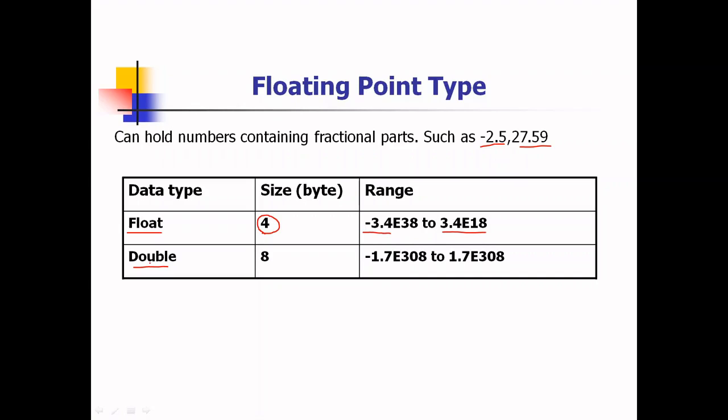Then we have one more type, that is double. Whenever you want to create a variable which stores a high precision number, then you can go for the type double, which takes 8 bytes.